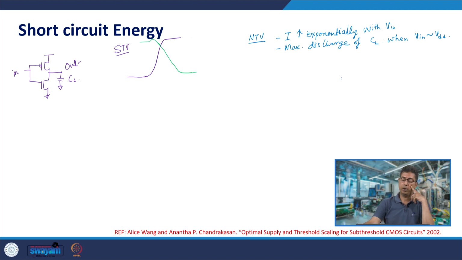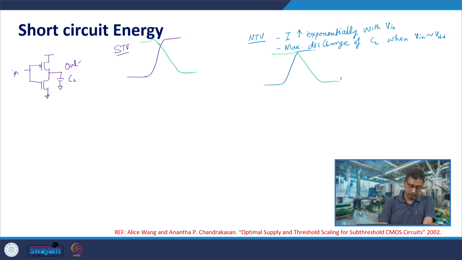So, therefore, most of the discharge happens when the input is close to VDD. In the near threshold voltage regime, if this is the input, the output would behave almost like this. So, most of the discharge is taking place in a well designed circuit after the input has almost risen to VDD.